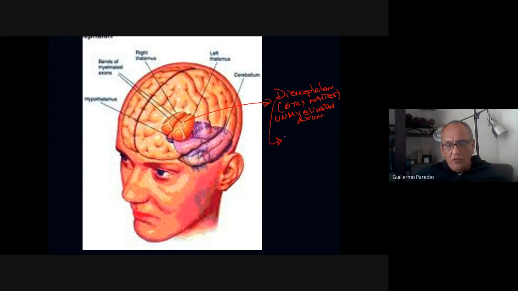So I'm going to mention two of them. The thalamus. We have two thalamus, one on the right, one on the left. So we have two thalamus, and we have two hypothalamus.